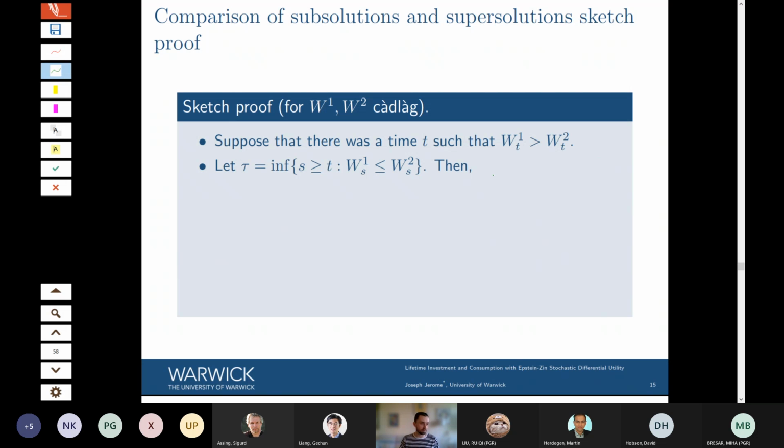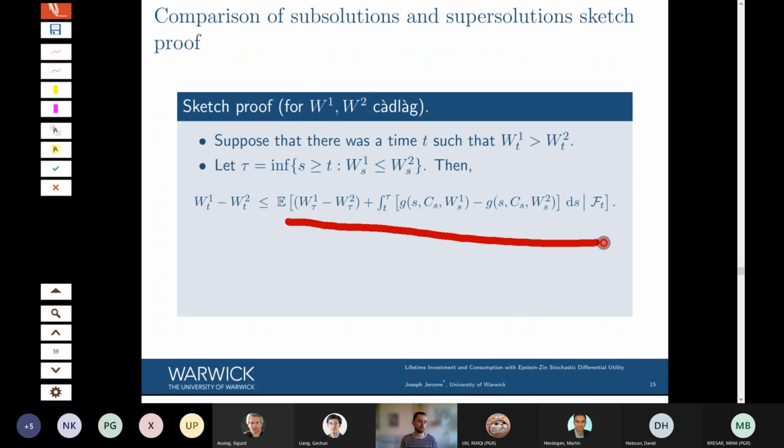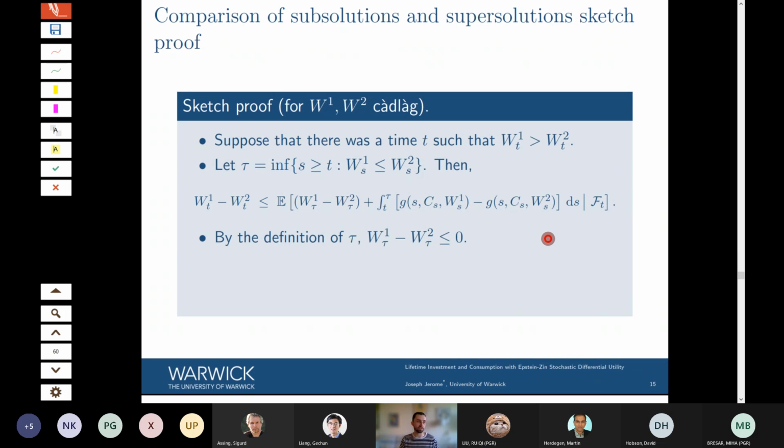And then assuming that tau is a bounded stopping time, where you possibly need to use some localization argument, we can show, and this essentially comes from the definition of a sub and supersolution, W1t minus W2t is less than or equal to this integral here. And because of the definition of tau, we're going to have that this first term is less than or equal to 0.